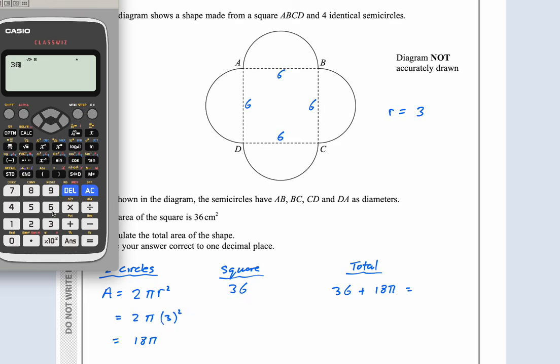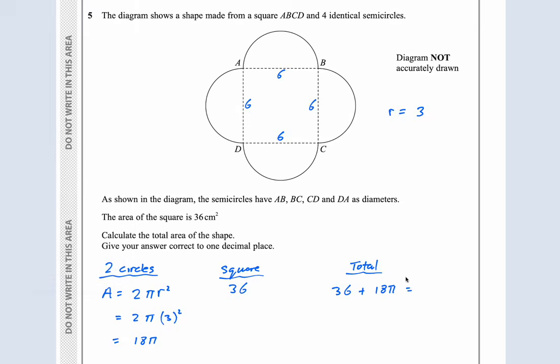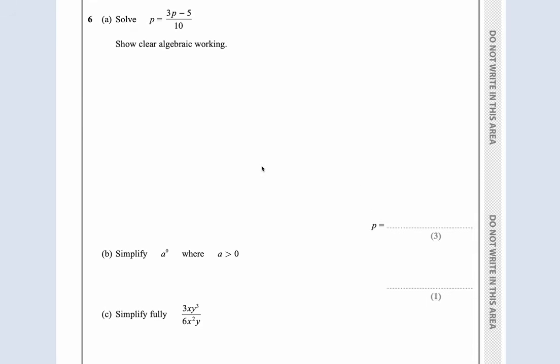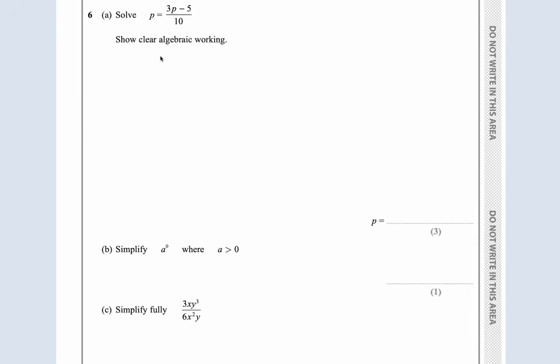Let's just do it again. It's 36 plus 18 pi, which is 92.548, which is 92.5 to 1 decimal place in centimeters squared. 92.5. Okay, question 6. Solve this.